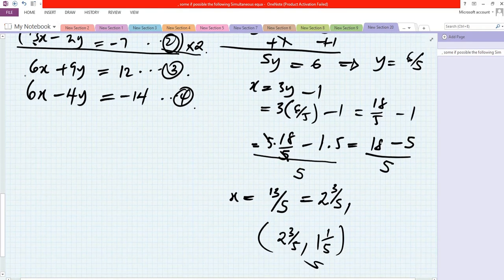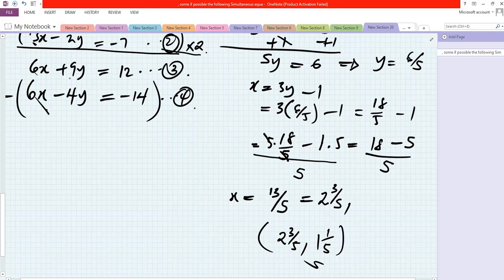Now, if we subtract equation 4 from equation 3, putting subtraction here, 6x minus 6x is 0. This one will cancel out. Now, plus 9y minus 4y.